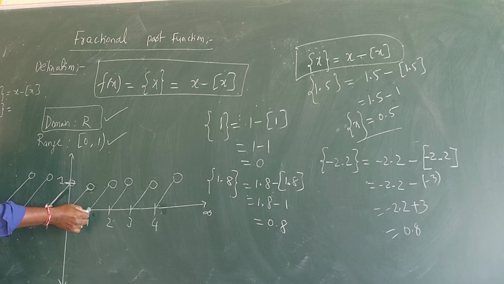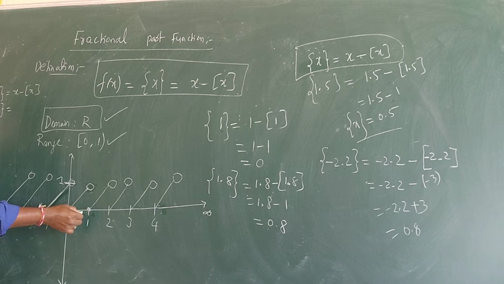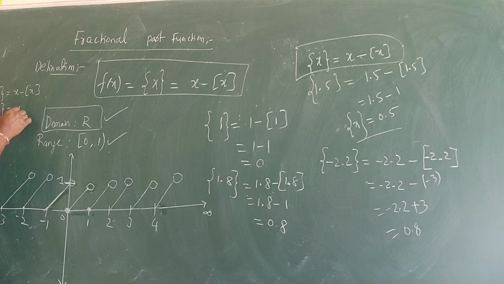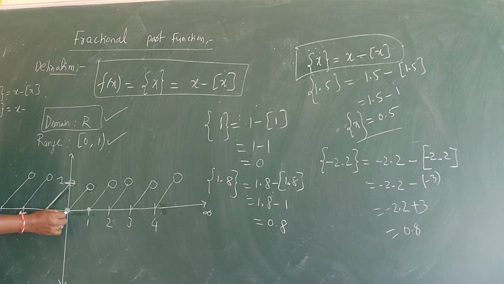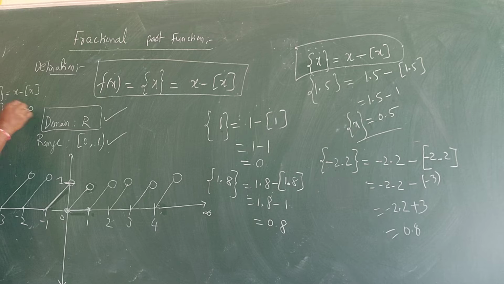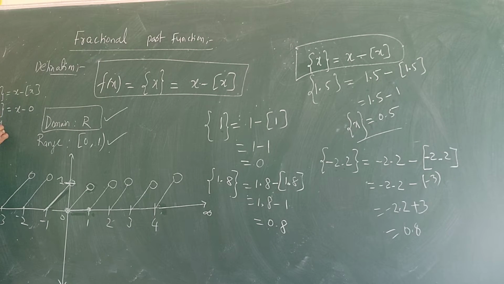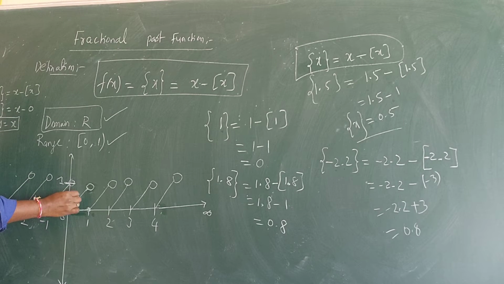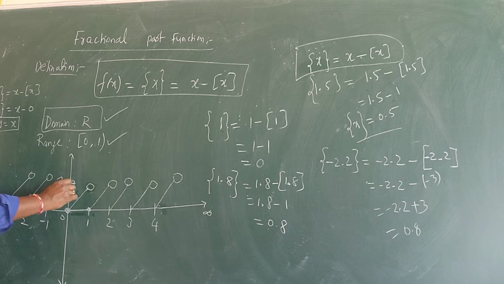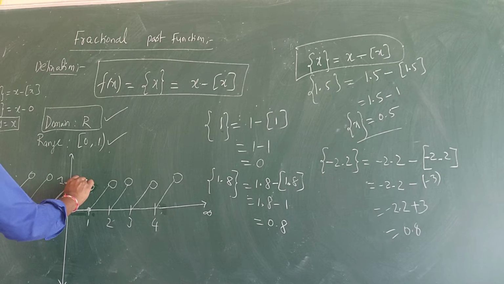If I take all inputs from 0 to 1, the greatest integer of these is 0. It means that this fractional part, this y, I am getting is x. So y is equal to x. This shows y is equal to x.